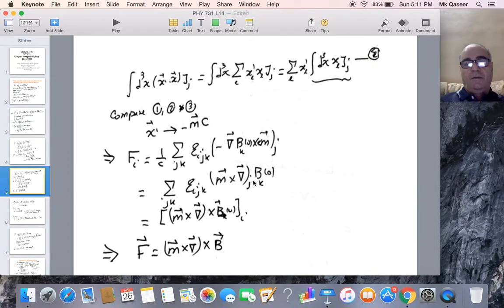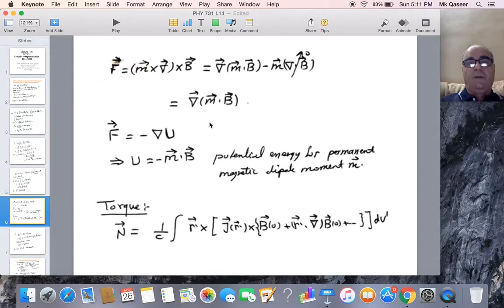Now back to the summation and getting rid of the epsilon, we get the ith component of this vector, which means that F is nothing but m cross the gradient cross B. This is the force. Now this can be written in another form, which is gradient of m dot B minus m divergence B, but we know divergence B is 0.